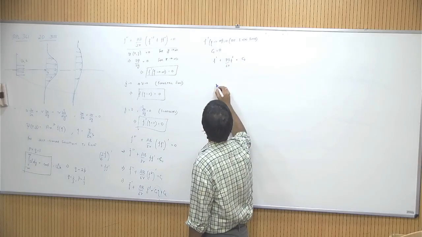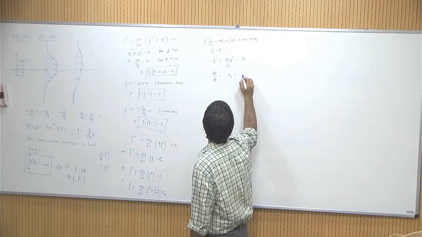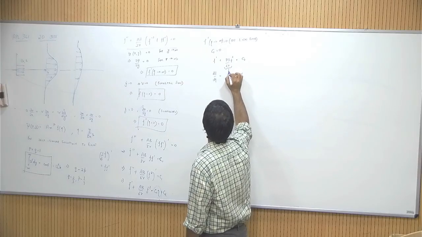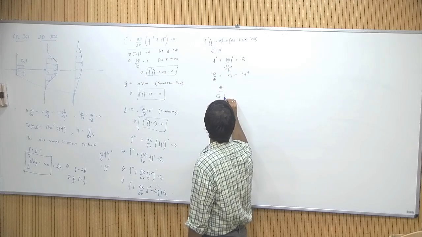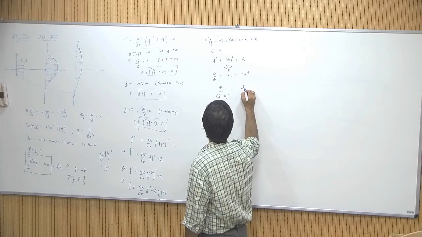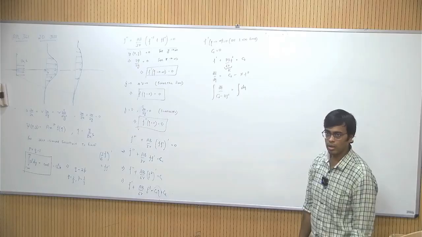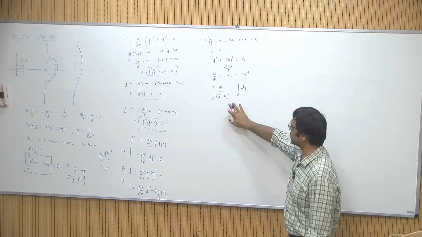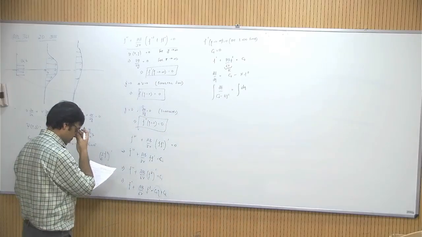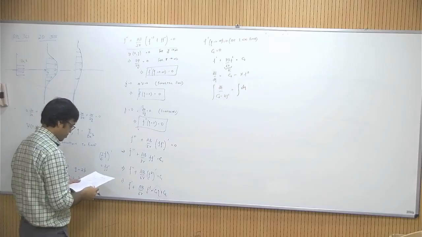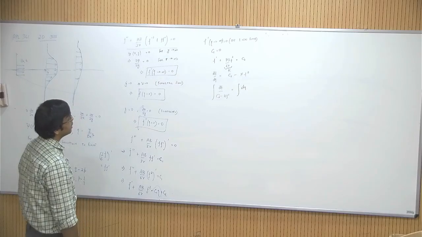So this is nothing but df by d eta equals some c2 minus, let's call this capital K, K f square. You guys know how to integrate this. Okay, this equation can be integrated. What is the solution? What do you get when you integrate this?